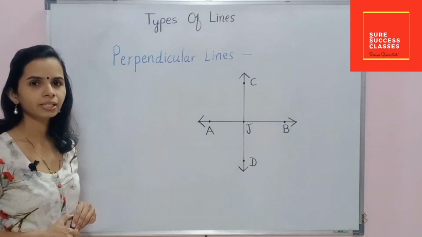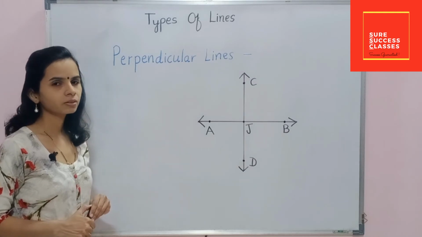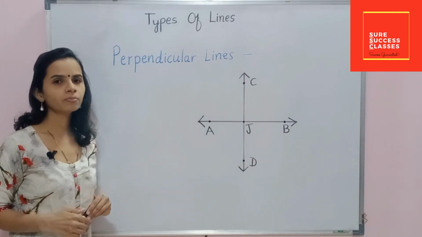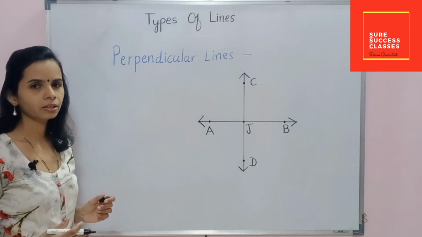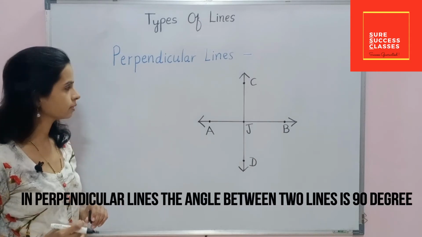Let's move to next type of line, that is perpendicular lines. The lines which intersect each other to form right angle. Right angle means 90-degree angle. At that time those lines are called perpendicular lines.